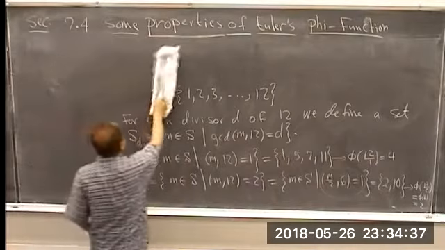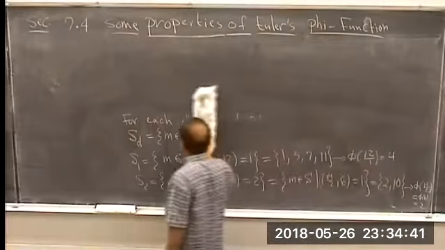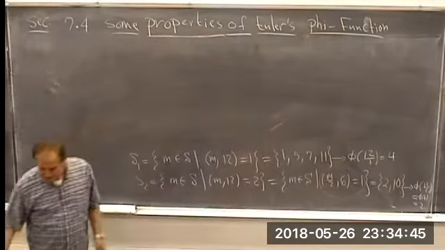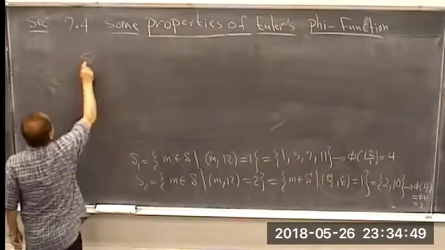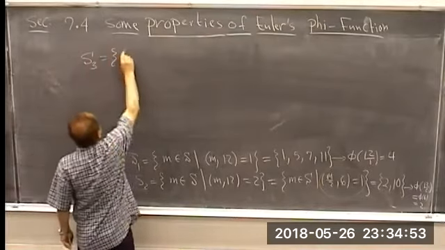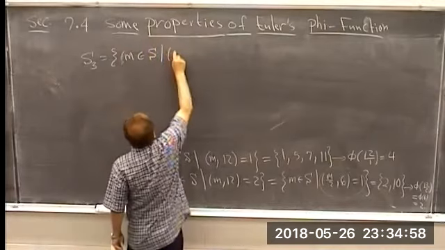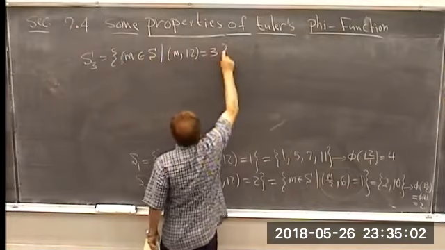So we're going to observe this as we look at the other ones, because this is true in general. So let's look at S3. Again, it consists of the integers m in S such that the gcd of m and 12 is equal to 3.